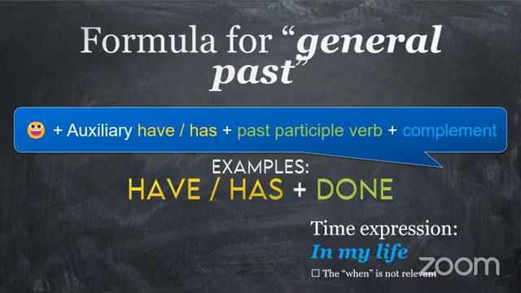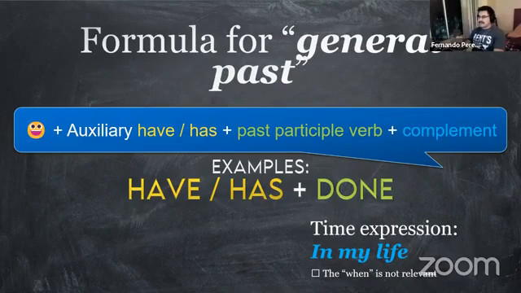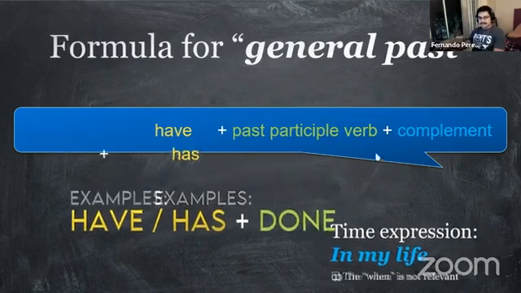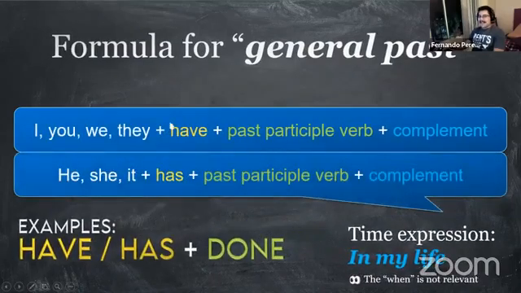Okay. Right. Let's continue checking the formula for general past. Have is used for I, you, we, they, and has is used for he, she, it.